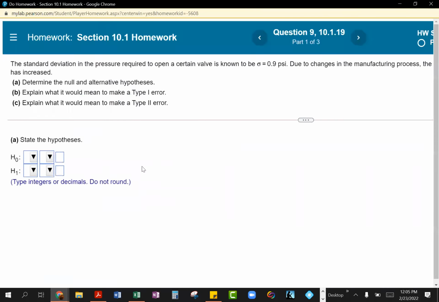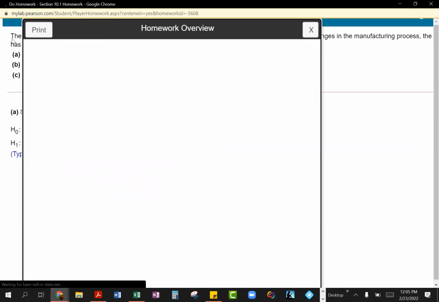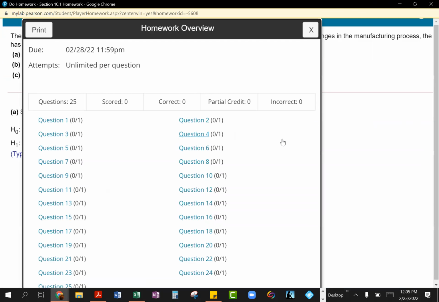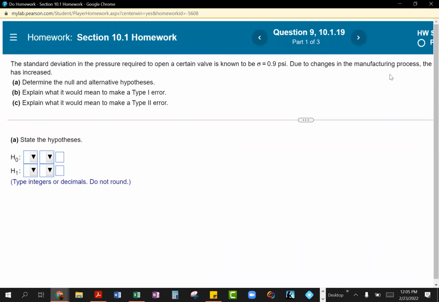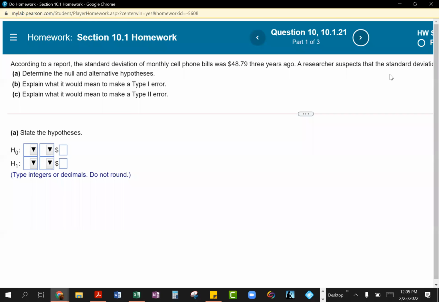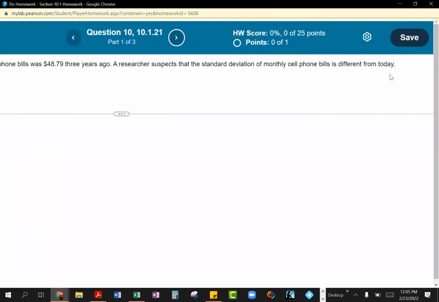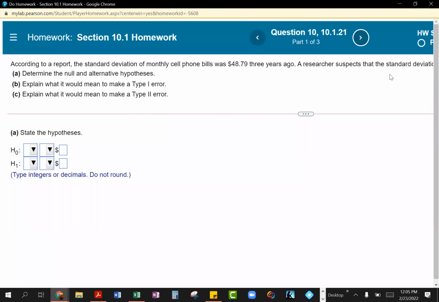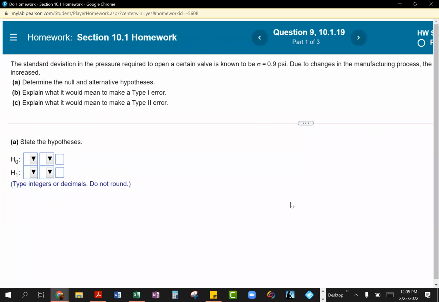Are they the same example? I'm sorry, guys, I confused myself over here. No, I think I have the right example. I just have the wrong number. I'll change that number on the handout.